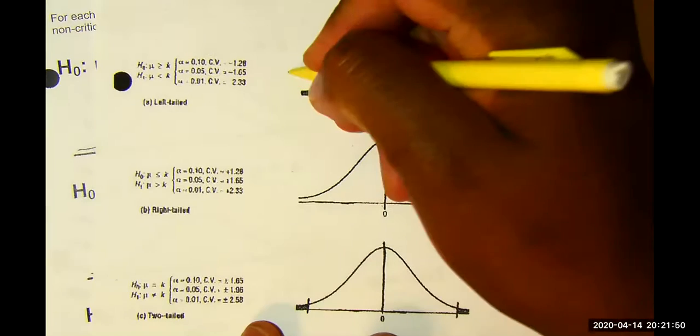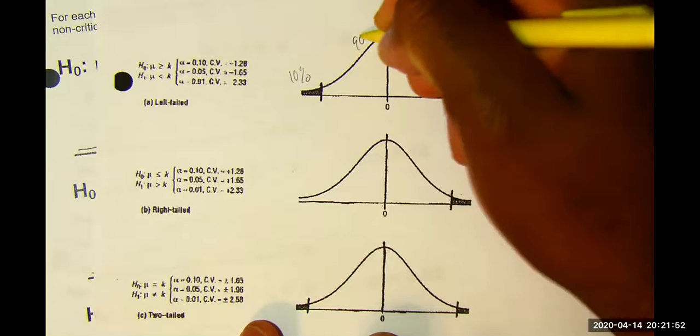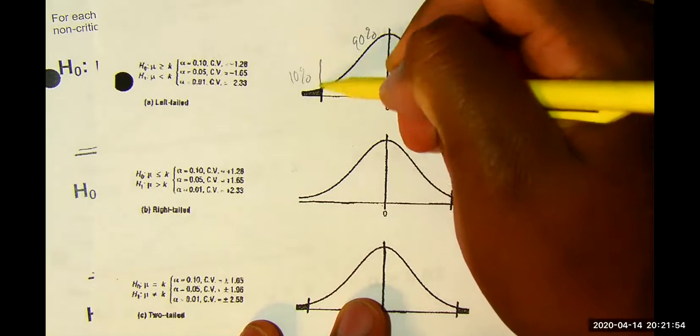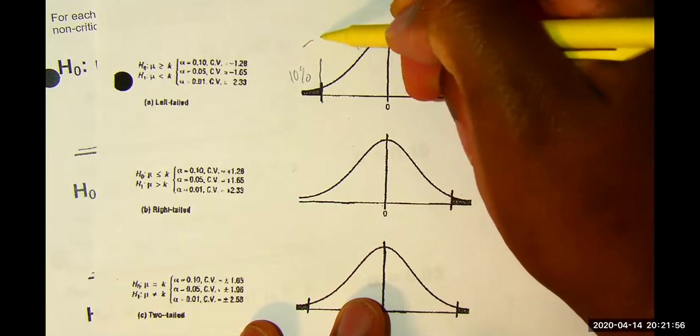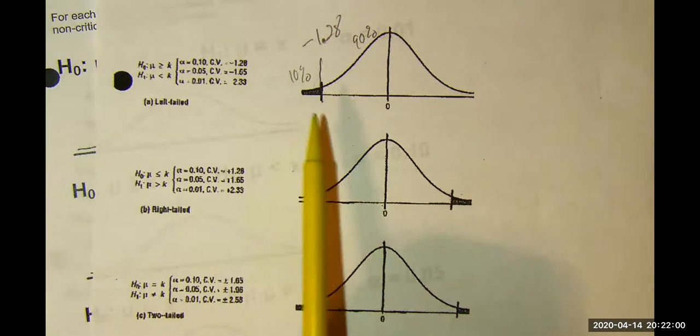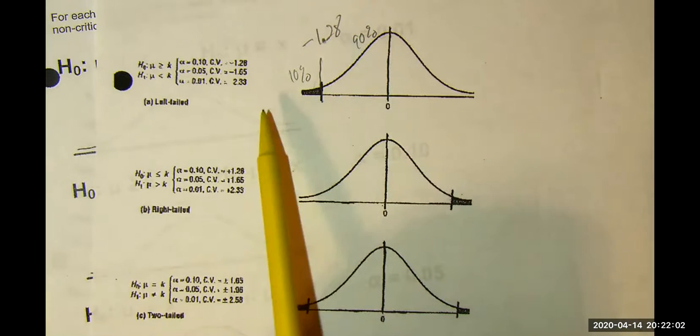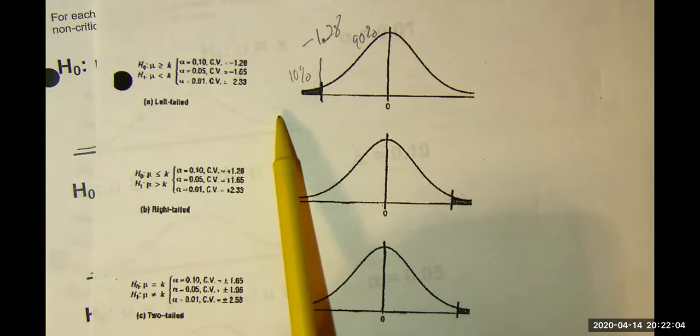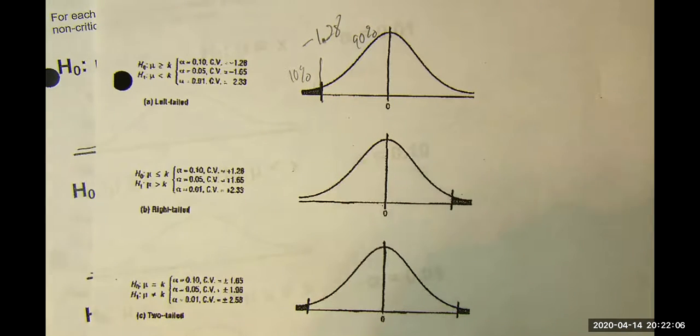So if this is 10%, 90%, the z-score value, negative 1.28, that's where our test statistic would have to either be less than in order to reach significance or greater than to not reach significance. I'm going to look this negative 1.28 in my z table.